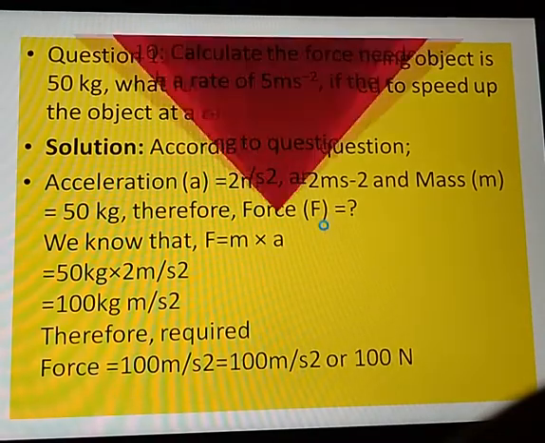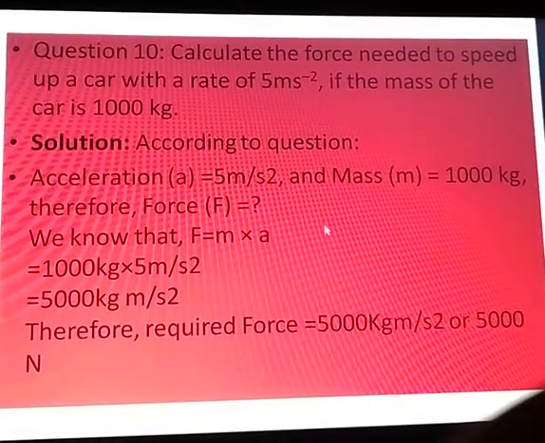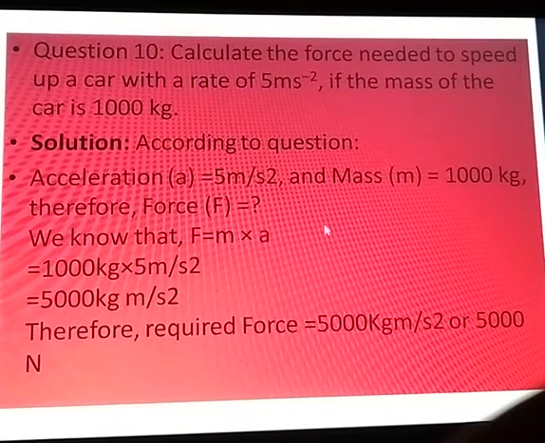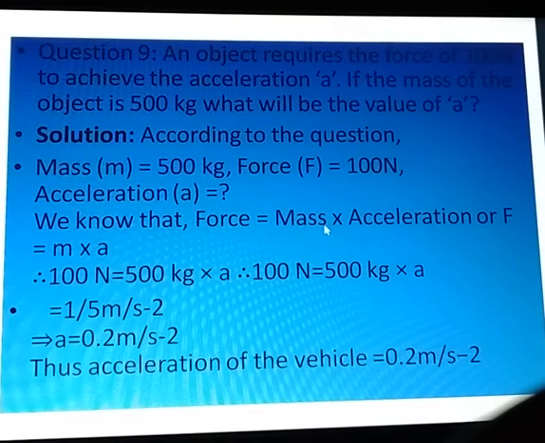Acceleration is equal to force upon mass. Force is given 100 Newton, mass is 500 kg. So 100 upon 500, that is equal to 1 upon 5. In its simplest form, its value is 0.2 meter per second square.